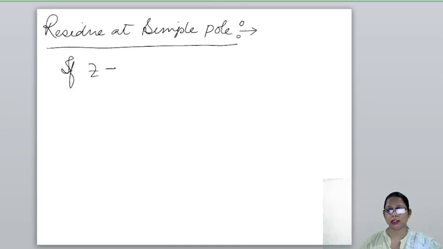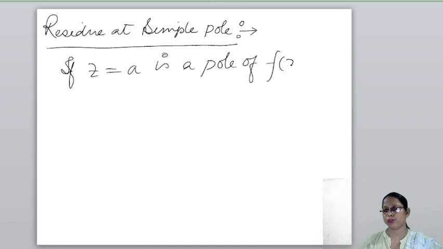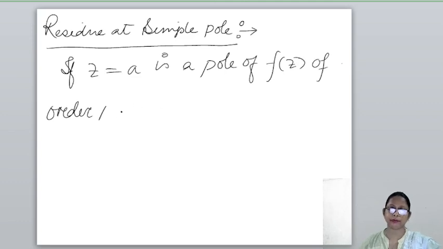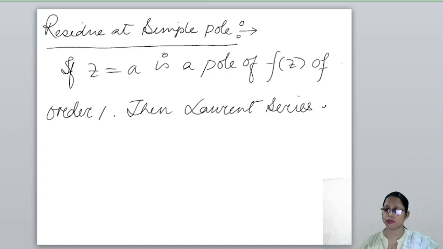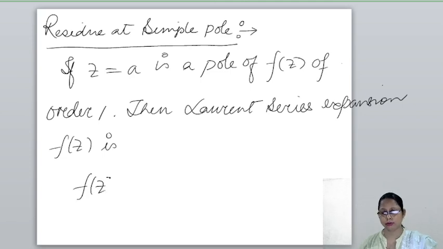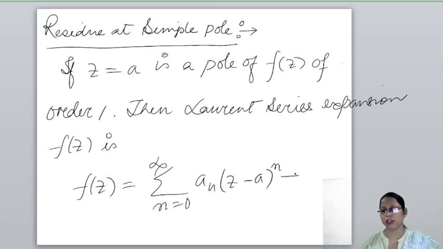If z equal to a is a pole of f(z) of order 1, then the Laurent series expansion of f(z) equals the sum over n ranging from 0 to infinity of a_n (z minus a) to the power n, plus the principal part.